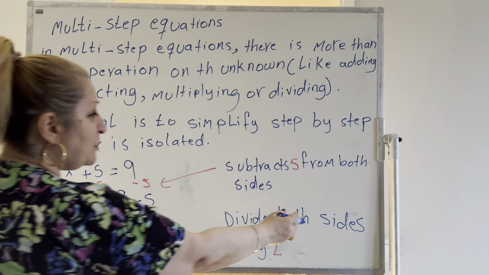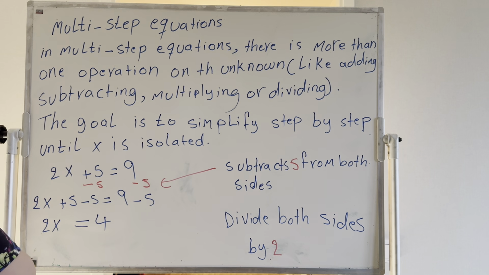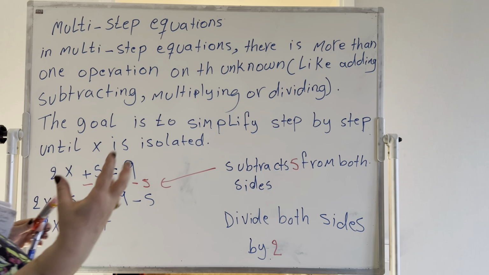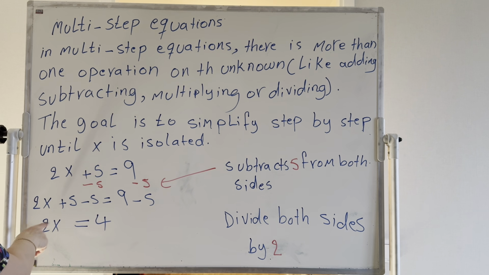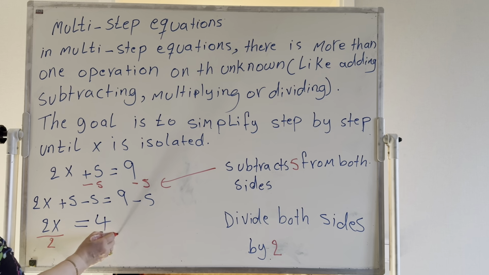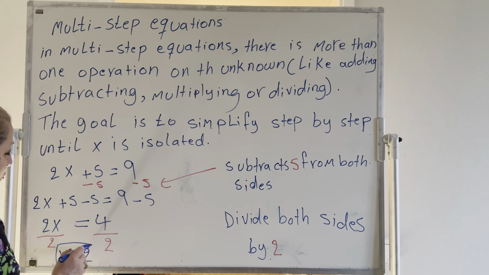Then divide both sides by 2, because I want just one x. Logically, I know 2 times 2 equals 4, so x equals 2, but I divide by 2 because I want just one x, and I want to show you that x equals 2.